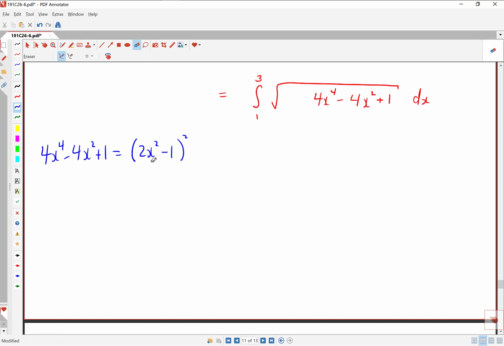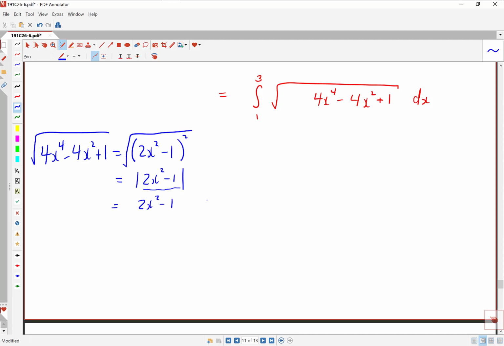What that means is that the square root of this thing is the square root of this thing. Remember, if you square root a square, what you're getting is the absolute value of the quantity under the square root. And then as long as you can convince yourself that for the x values that you're working with, this thing is non-negative, then you're safe to say 2x squared minus 1.